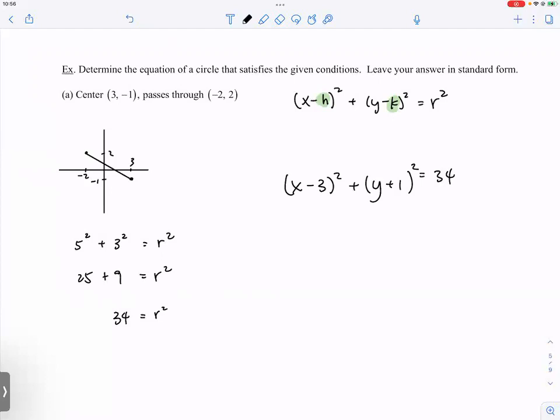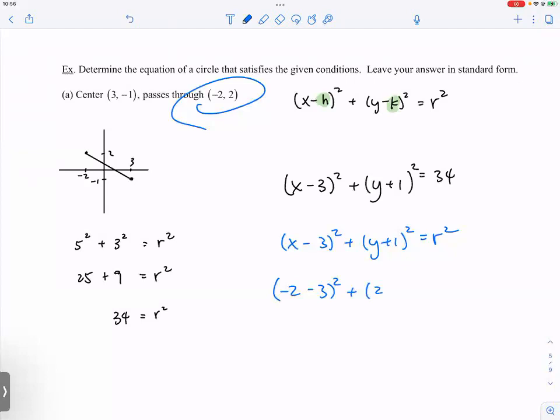Now there's another way to obtain r squared. Let me show you. The other way is this: we should have this part ready, because we're given a center. To obtain r squared, they give you a point. We should be gracious about this wonderful information, because you can simply insert the x and y values into the equation.